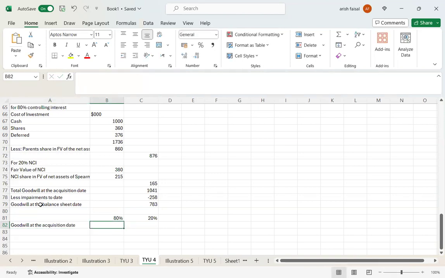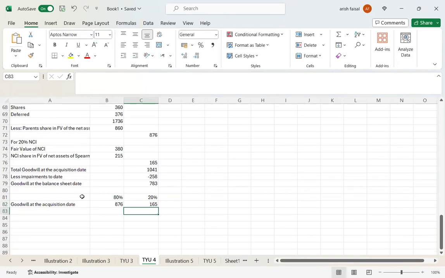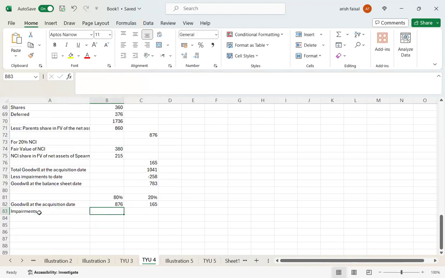So that was here 876, and over here for the 20 percentage it's going to be 165. Right, now we do have an impairment over here, right? So the impairment we have, as you know, in total is 258, but from that 258, 80 percentage belongs to the controlling part and 20 percentage belongs to the NCI.